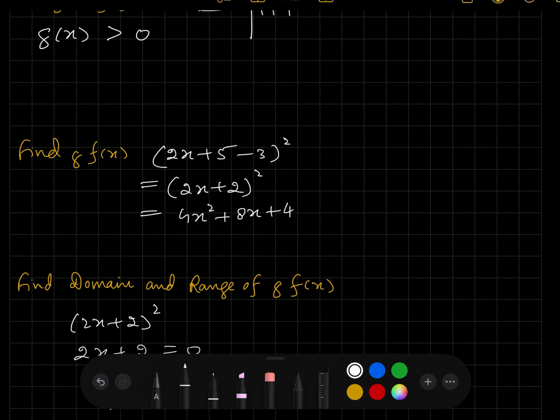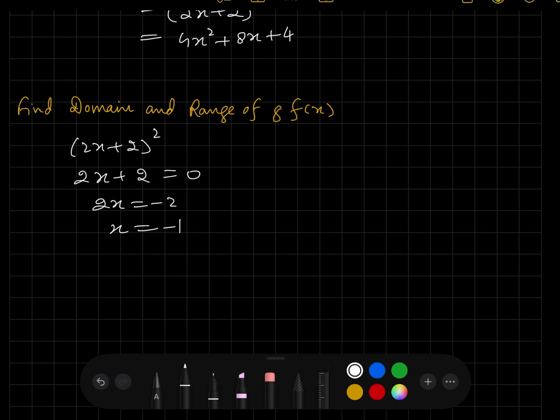So let us see, my g of f(x) range would be what? We have to find out the g of f(x) range. So this is (2x plus 2) whole squared, and the range we have to find out. So it is taking all the values greater than 3. It means that (2 times 3 plus 2) whole square, and that is 3 2's are 6, 6 plus 2, 8 whole square is 64.